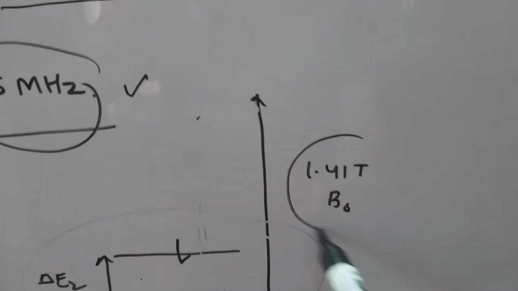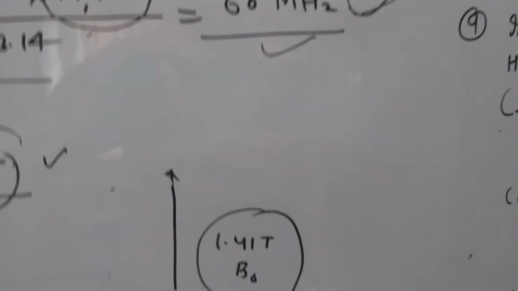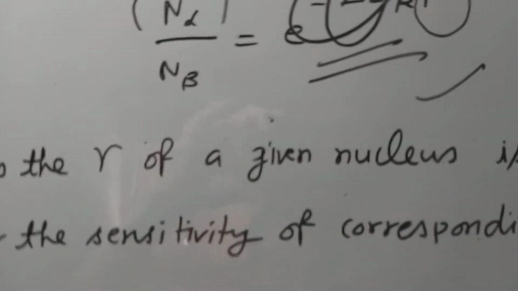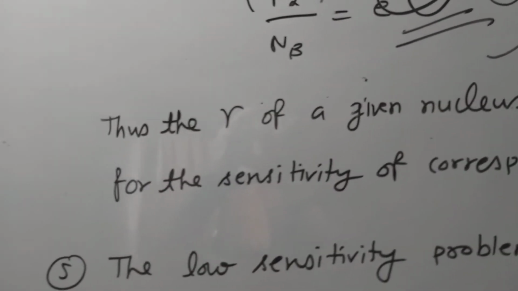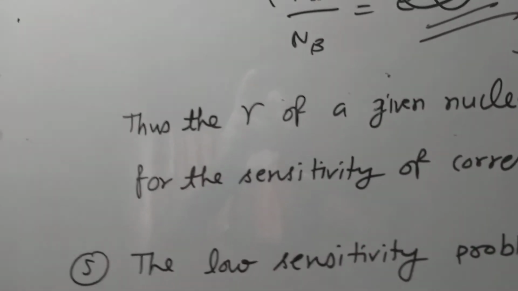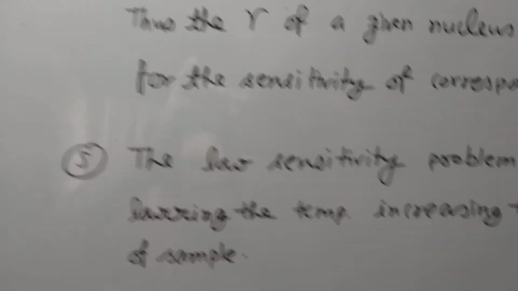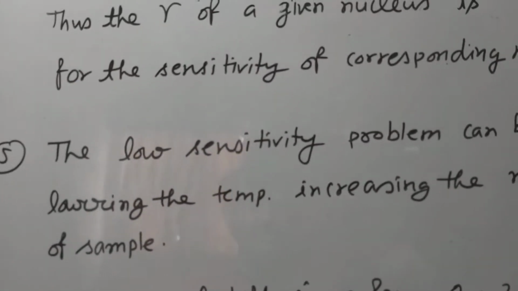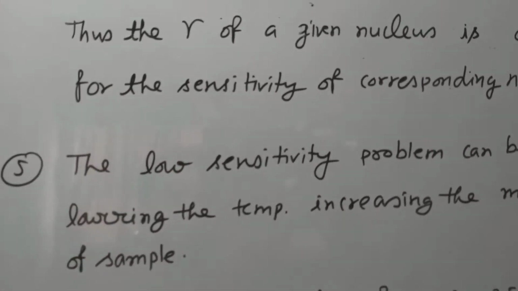That is, we can increase this 1.41 Tesla field, and then it will result in a higher value of del E. A higher del E means more population difference, and then the signal will be easily detected, and it could be detected only after the development of FT-NMR techniques.